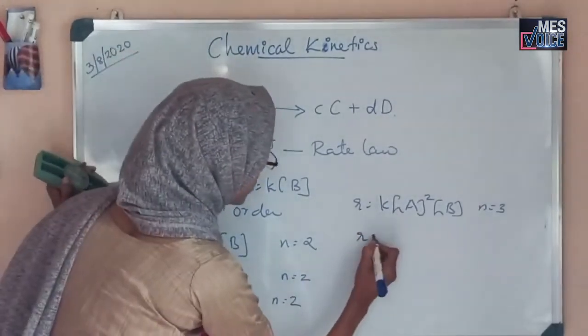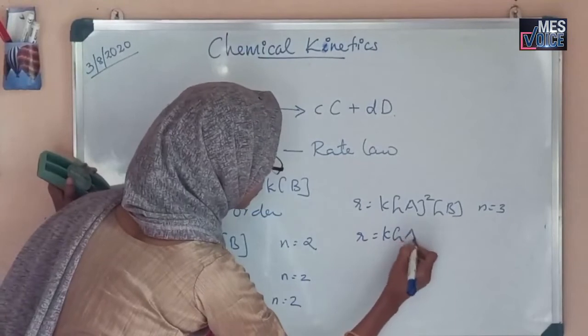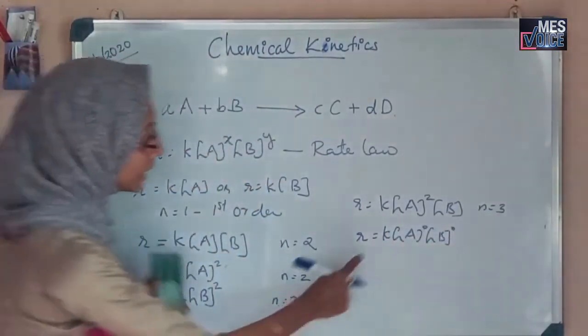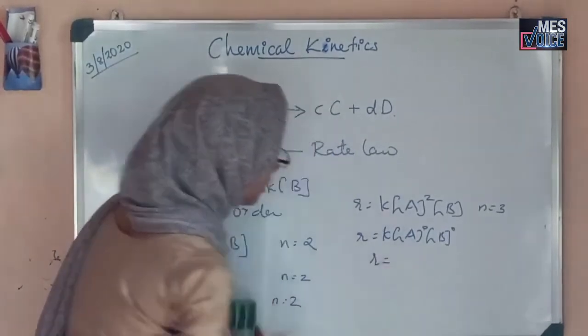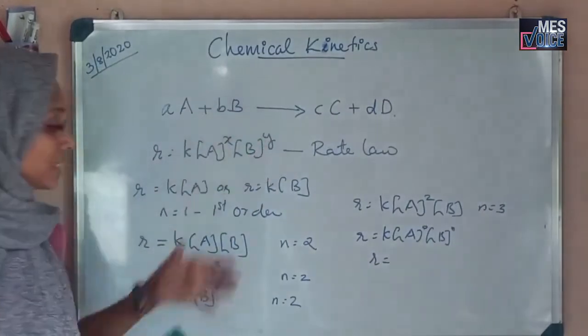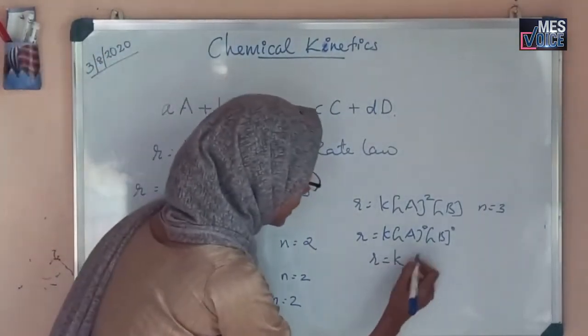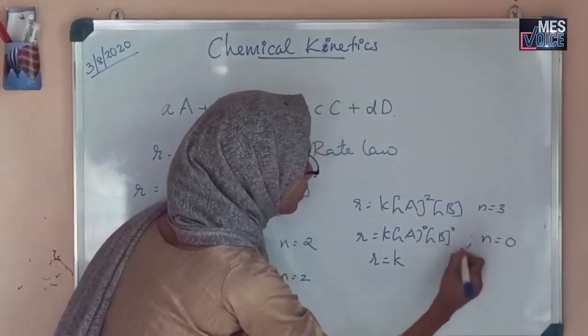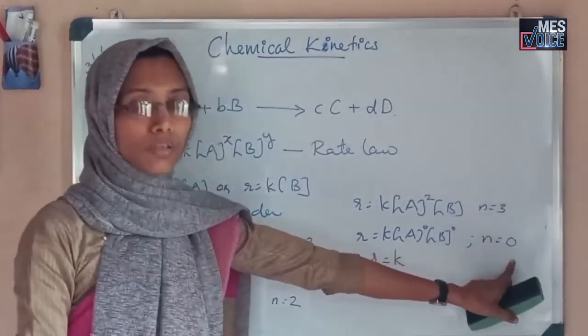Suppose for a reaction r is equal to k into [A] raised to 0 and [B] raised to 0. That means the rate of the reaction does not depend on the concentration of either reactant. So r is equal to k. So the order of the reaction n is equal to 0. So it is known as a zero order reaction.